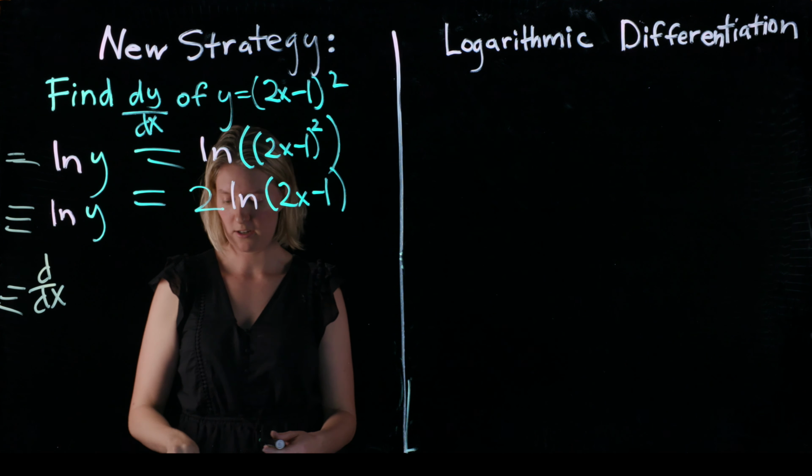In order for me to take the derivative on the left side, I'm going to have to use implicit differentiation. So I'm going to rewrite the derivative with respect to x as the derivative with respect to y of natural log of y, times the derivative of y with respect to x.